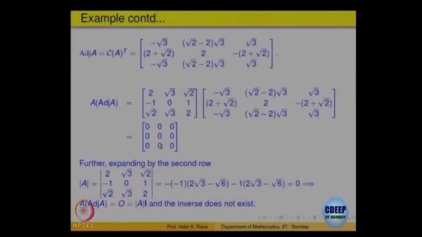If A is not invertible, the determinant is 0, so A into adjoint of A will be equal to adjoint of A into A equal to 0 times identity, that means it should come out to be a zero matrix.